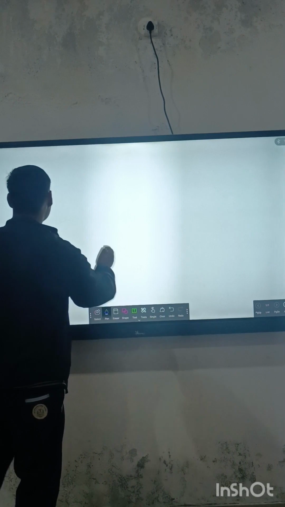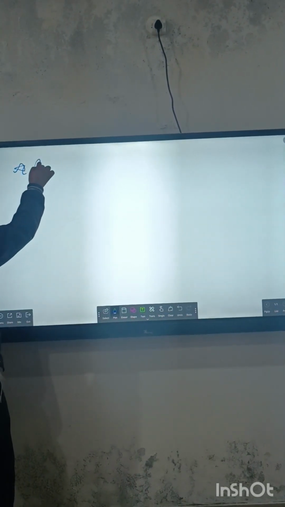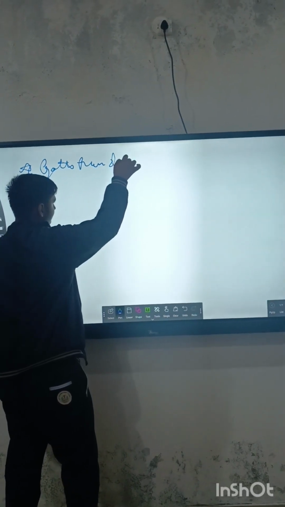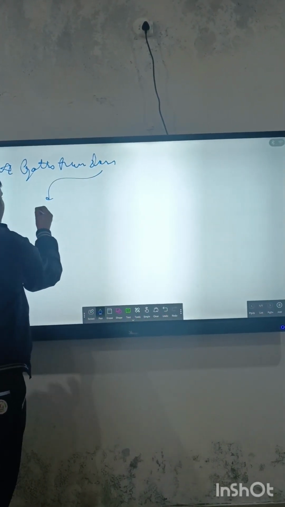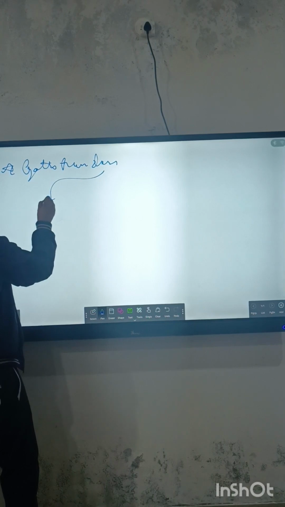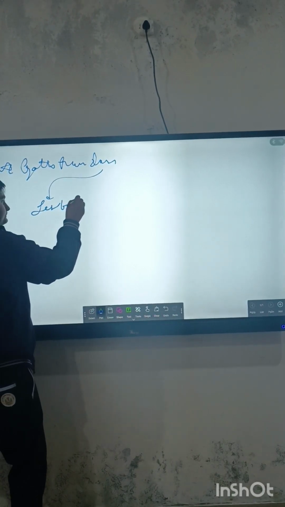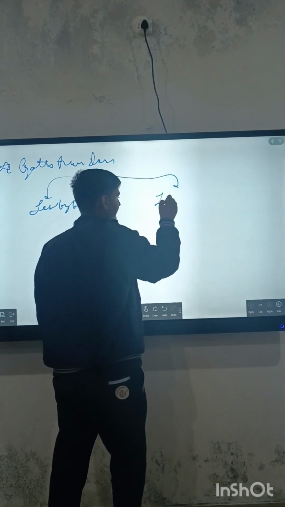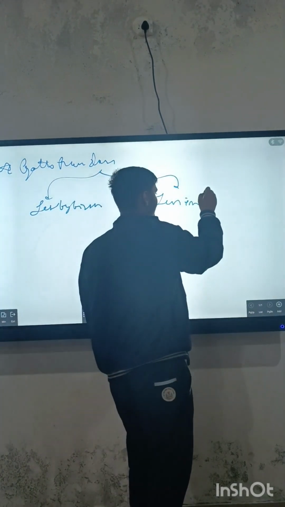Now we are going to discuss the disorders of growth hormone. First is when the growth hormone is less by birth, and when the growth hormone is less in puberty.